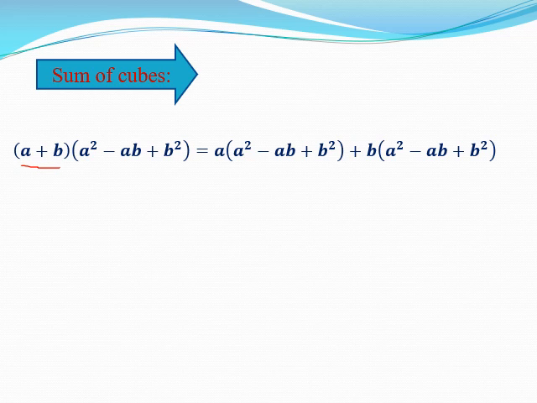First we multiply the second factor by a, then plus b times the second factor. This is a very easy method to multiply any two factors.